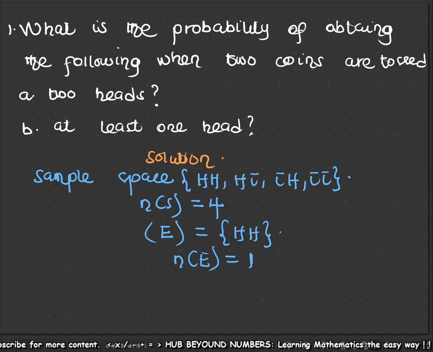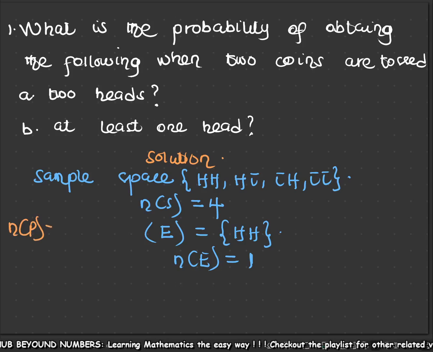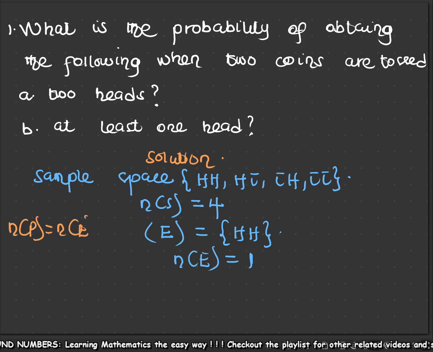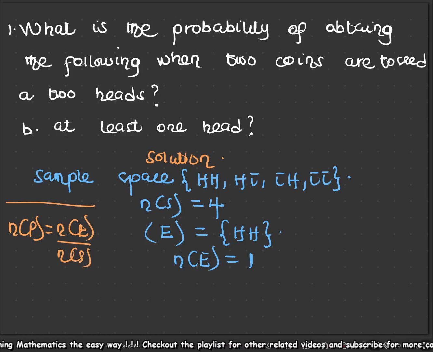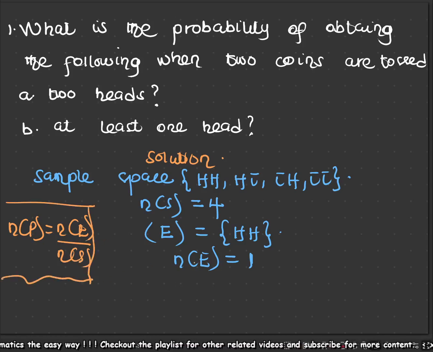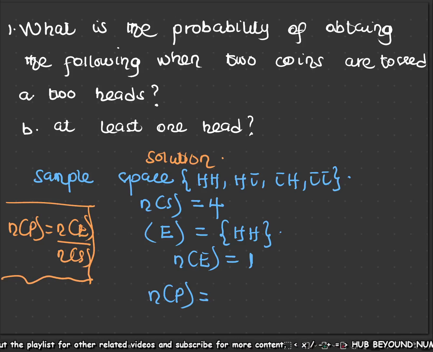Then remember the formula we wrote down for probability, right? We said that the probability of an event is the number of events over the sample space. So remember this formula over here. Hence, the probability we are going to solve for is going to be the number of events, just 1 element.